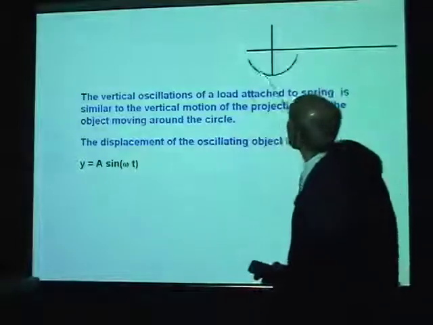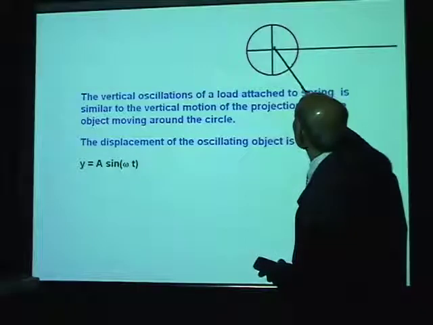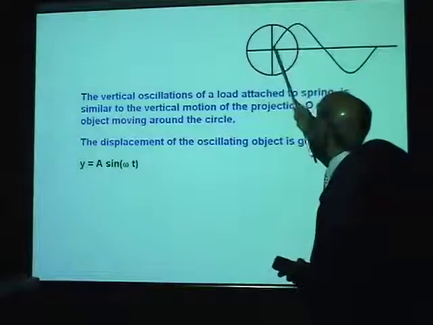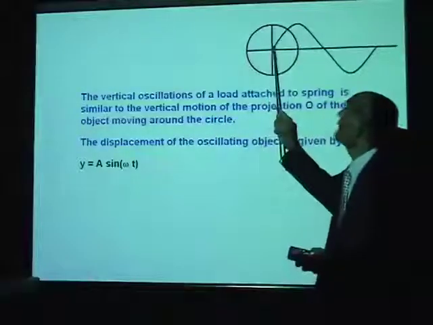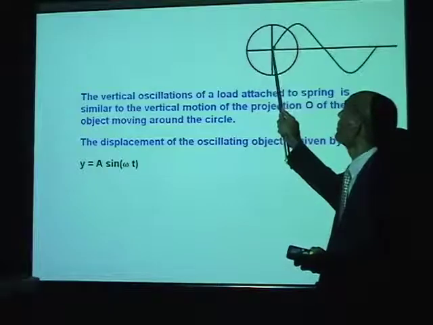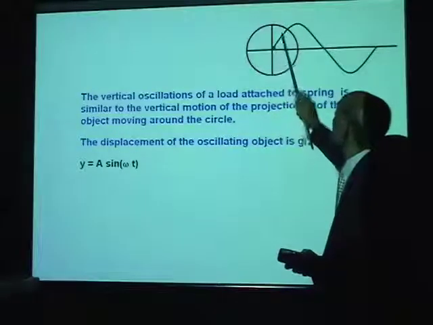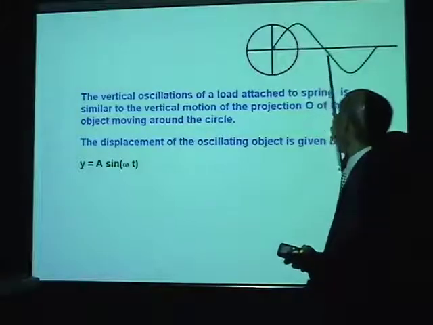Now y equal to a sine omega t, that's the origin. How does the graph go? The graph is a sine graph. At t equal to 0, the displacement is 0. And as time increases, the displacement increases to a maximum. It comes to 0.